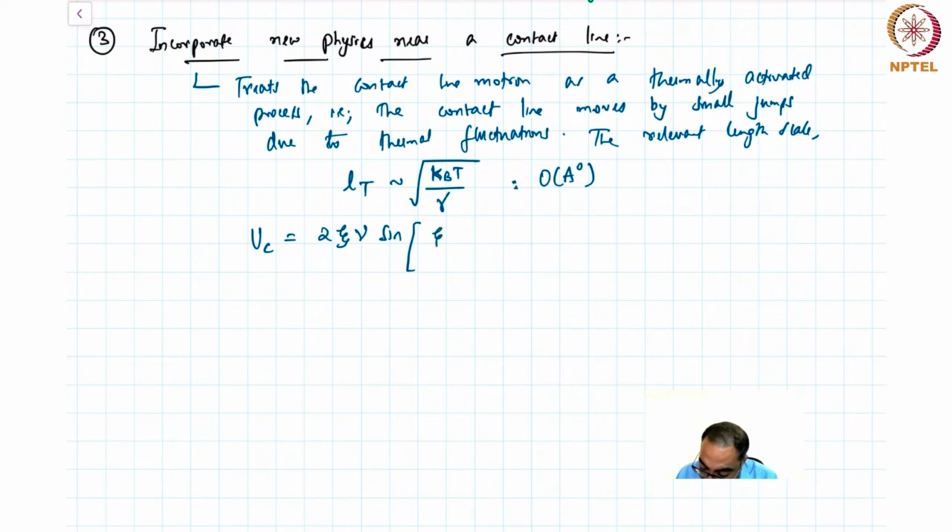So we have xi square times a driving force. The driving force is because of an imbalance between the equilibrium angle and the exact angle, the apparent contact angle. Once this difference is there, the contact line will move. So in other words, the contact line tries to relax towards the equilibrium angle, and the difference between these angles becomes a driving force for this motion.